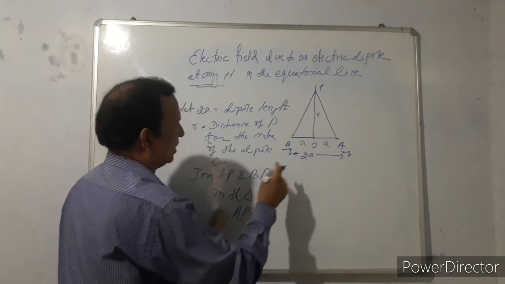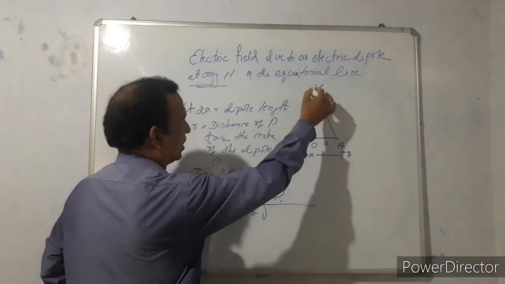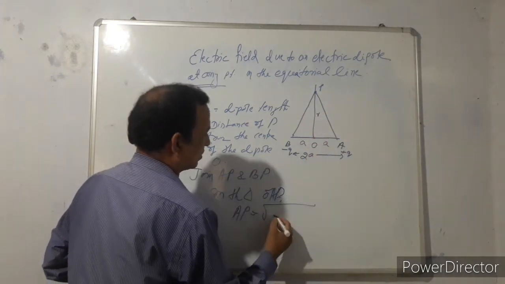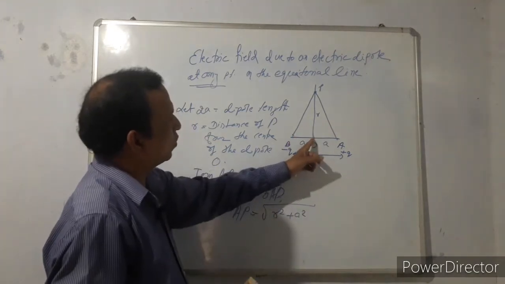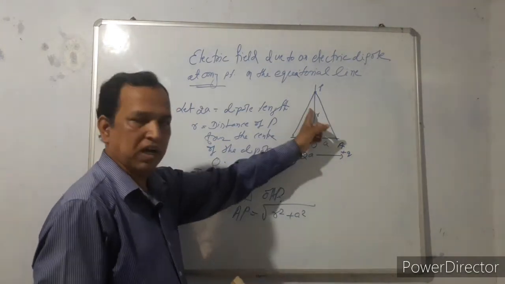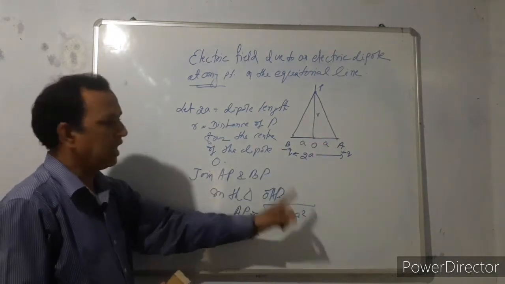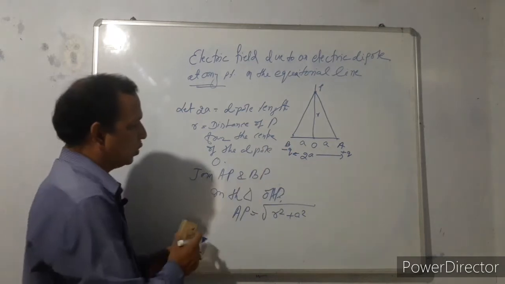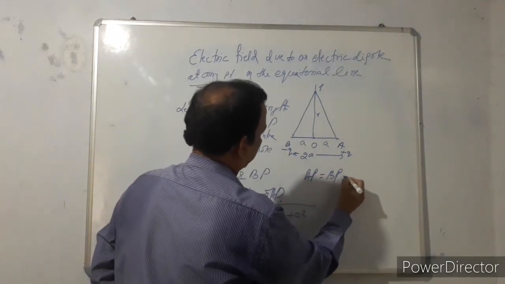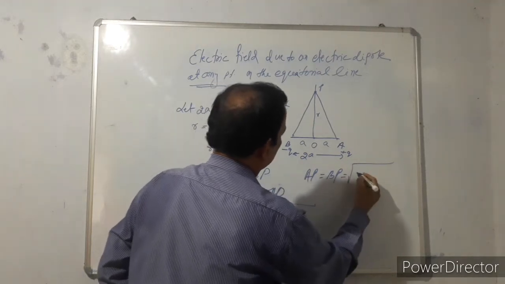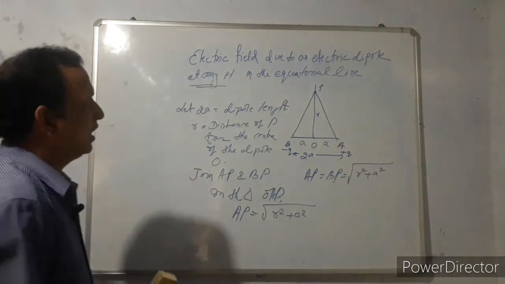AP is equal to root over of R square plus A square. Why? AP is root over of OP square plus OA square. OP is R, OA is A, so that means R square plus A square. As AP is equal to BP, AP is equal to BP is equal to the square root of R square plus A square. Clear?